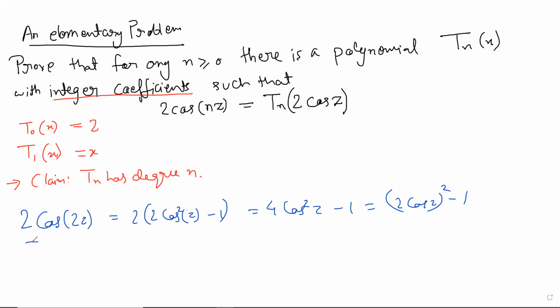So then what should T2(x) be? x squared minus 2, right? Yeah, but then how do we prove for T3, T4, and so on?